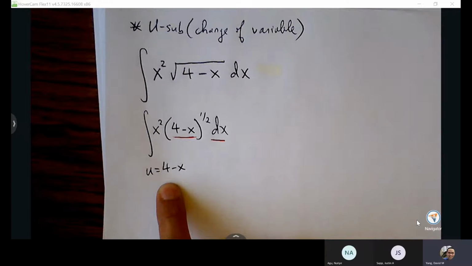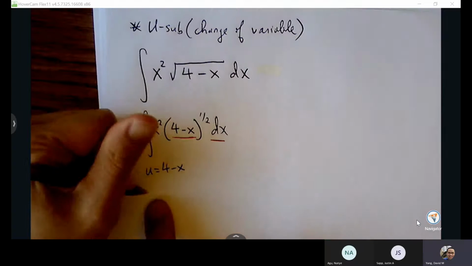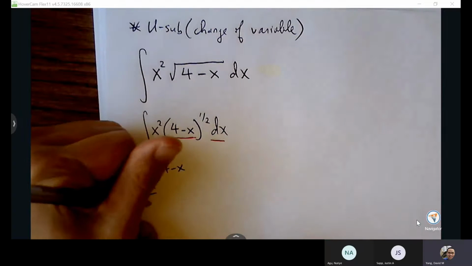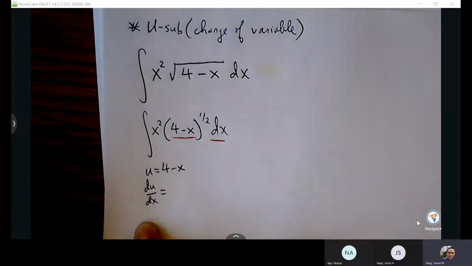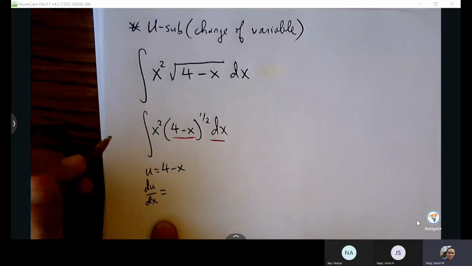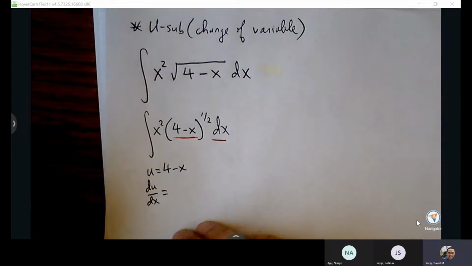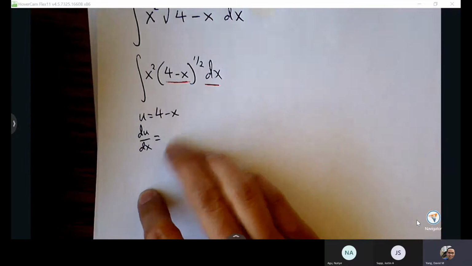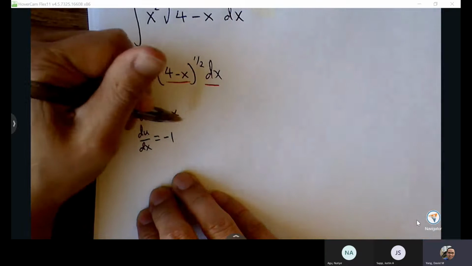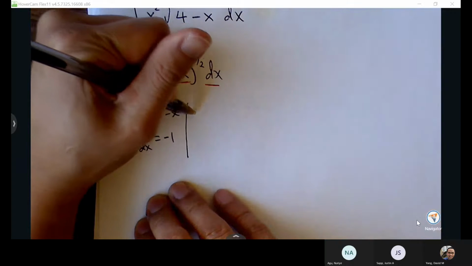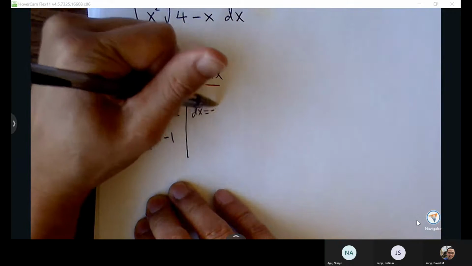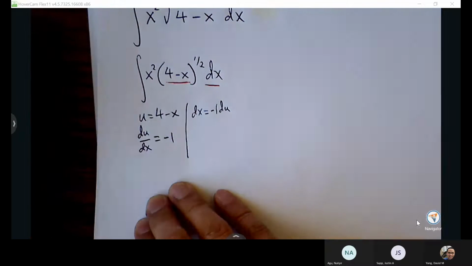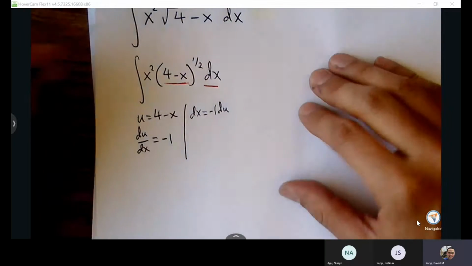Okay, derivative. du dx equals -1, right? 4 goes away. Negative x becomes -1. Cross multiply.